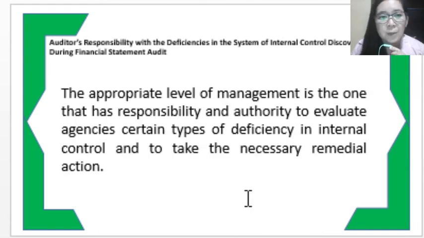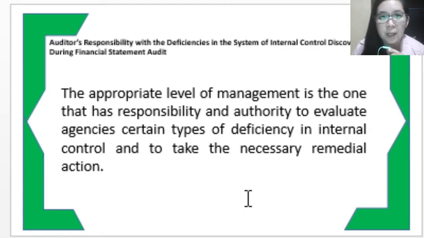Okay, so the appropriate level of management is the one who is responsible and has the authority to evaluate certain types of deficiency in the internal control and to take the necessary remedial action, meaning they are the ones directly supervising or have the oversight of the internal control system in the entity.